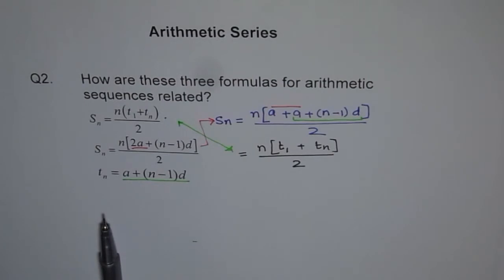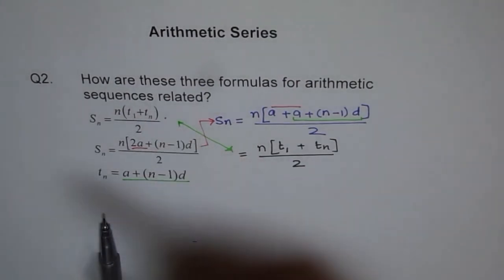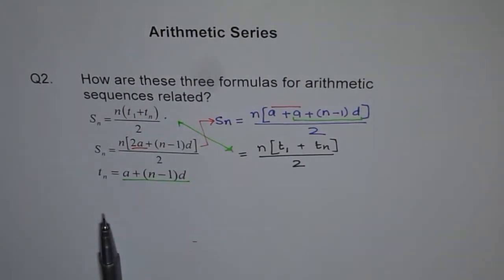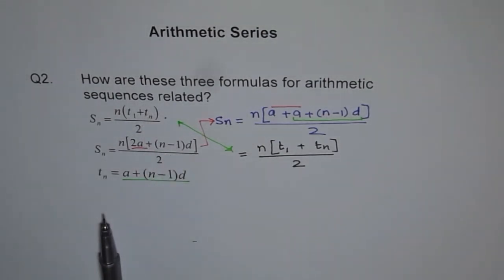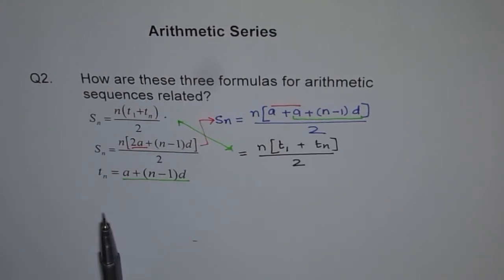Nothing new. We have just given you these three formulas so that depending on the situation, you can use the one readily. You don't have to find the nth term and then use this formula. If you know the nth term, then use it. Otherwise, use this formula. It is as simple as that. I thought it very important for my students to first understand the formulas they are using, when and where, and how.